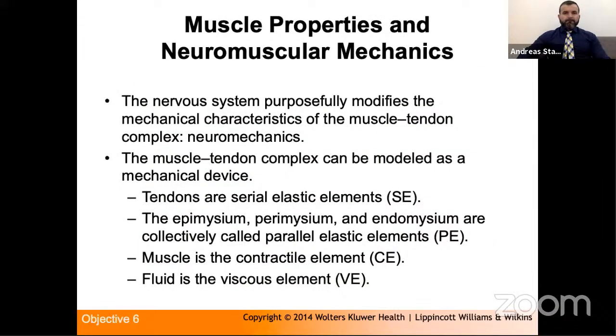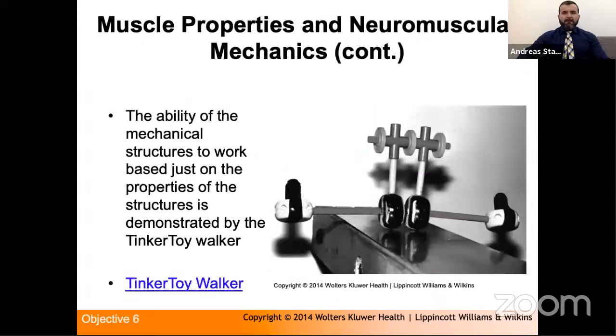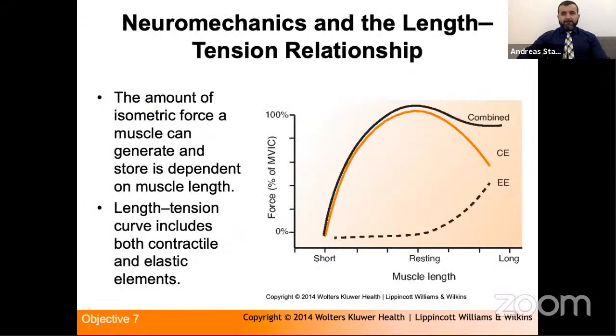All right. We've talked about that before. CE, the contractile element, and then we have the elastic elements, the EE. Okay, we talked about this. What I want to make sure we understand here, if we remember the length-tension, at the resting length we have the highest force for the CE, right?